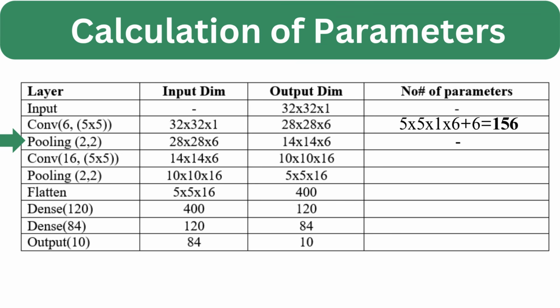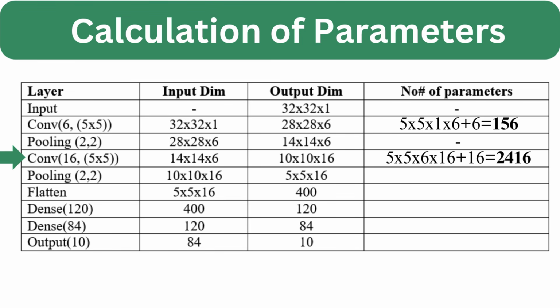Next is the pooling layer, and there are no biases and weights in the pooling layer, so we do not need to calculate the trainable parameters for the pooling layer. We will skip this layer and then move to the second convolutional layer. The input to this convolutional layer is 14 times 14 times 6, and this convolutional layer contains 16 filters of size 5 by 5.